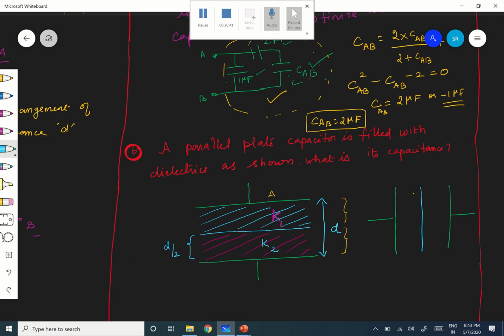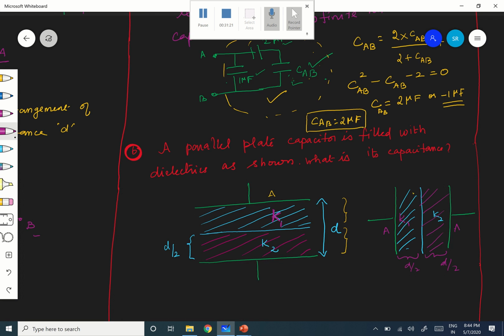Here is K1, and this is K2, and this is K1. Same capacitor, but here the area of the plate, both are considered, and this is d by 2 and this is d by 2, correct? Therefore it is considered as two different capacitors which are connected in series.